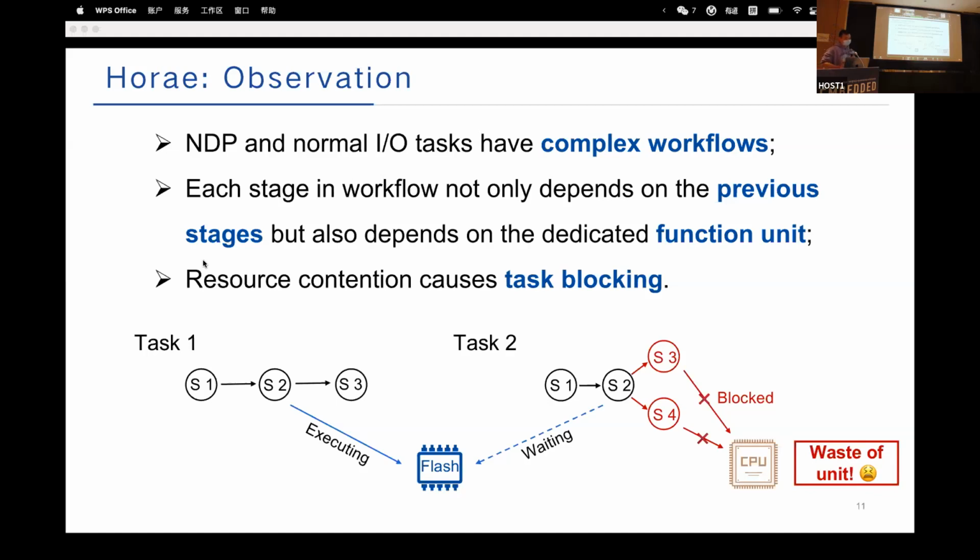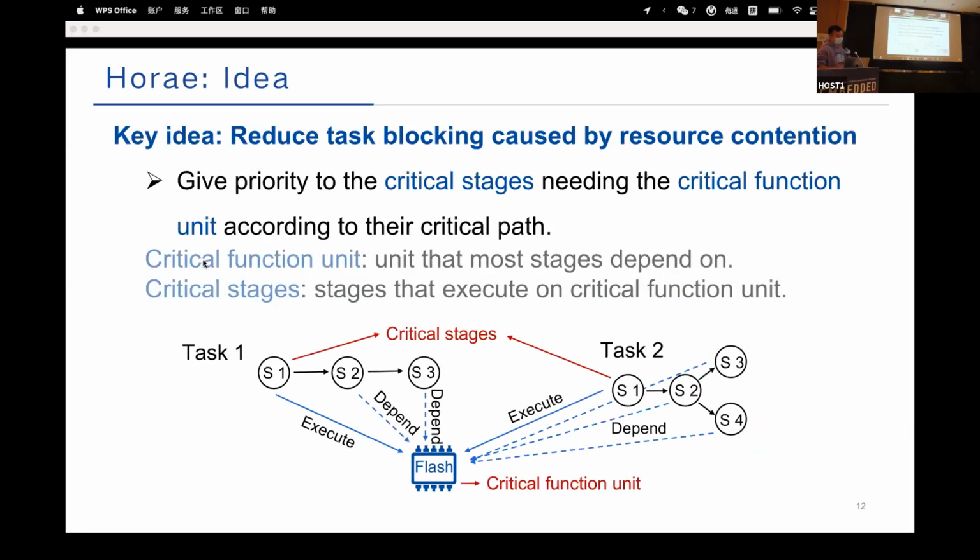So if we ignore the resource contention, it may cause task blocking, even if the needed function unit is idle.